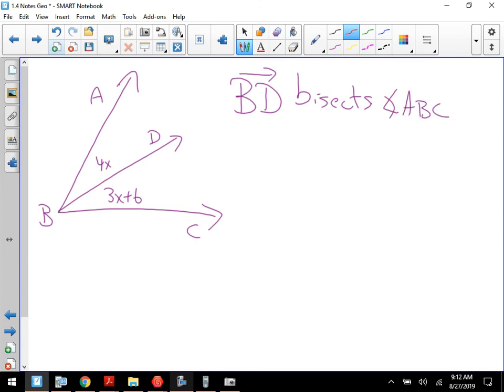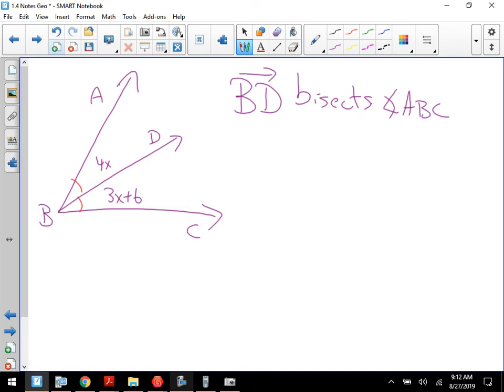So if BD bisects the angle ABC, that means it creates two equal angles. Right? Which means on our diagram, I know these two have to be equal.